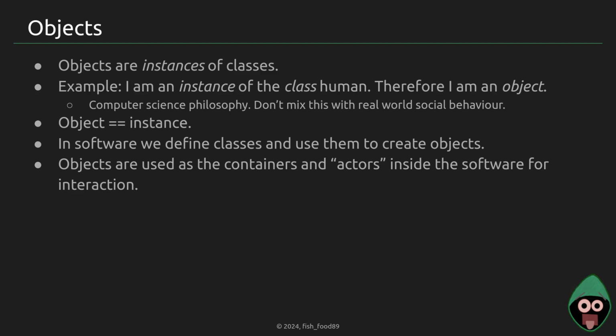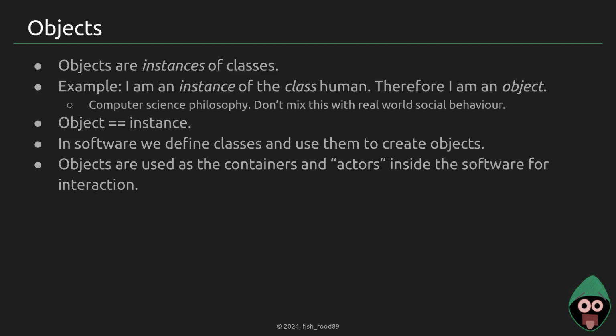Think of those things. So something that has been spawned out of the class definition. Those are the things that are then used in object-oriented programming to handle the actual interaction within the software. Classes are definitions. Objects are instances of those classes which do the actual interaction inside the program.